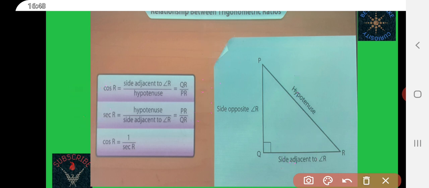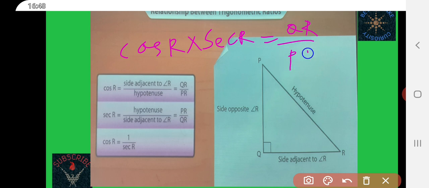Cos r into sec r is equal to qr by pr into pr by qr.